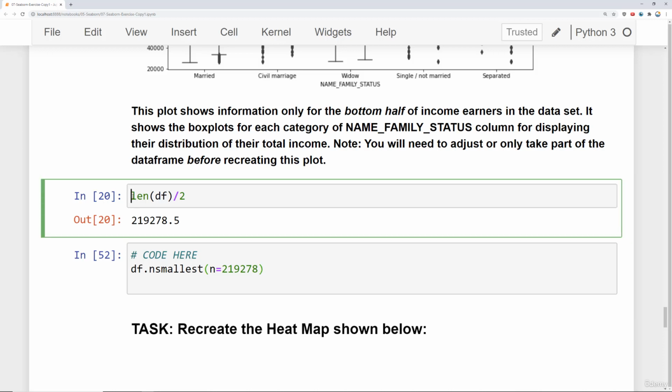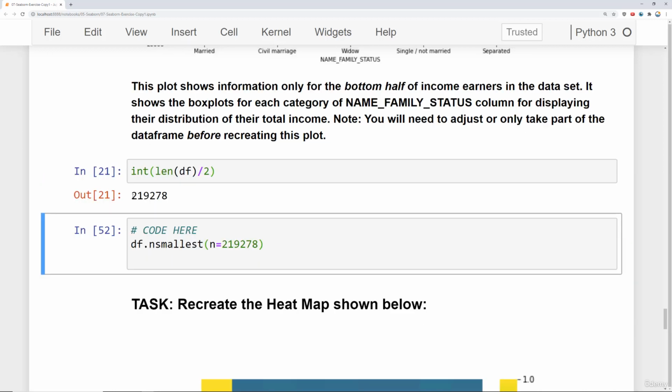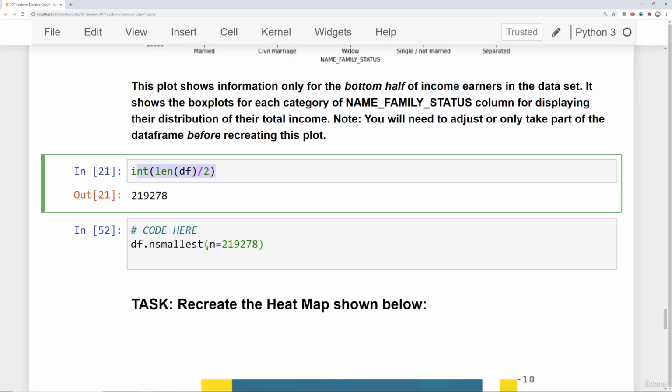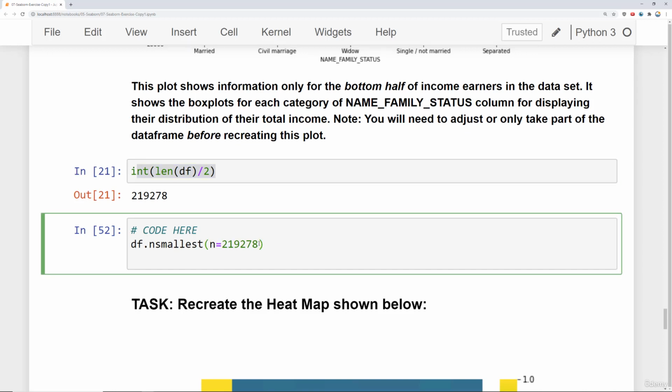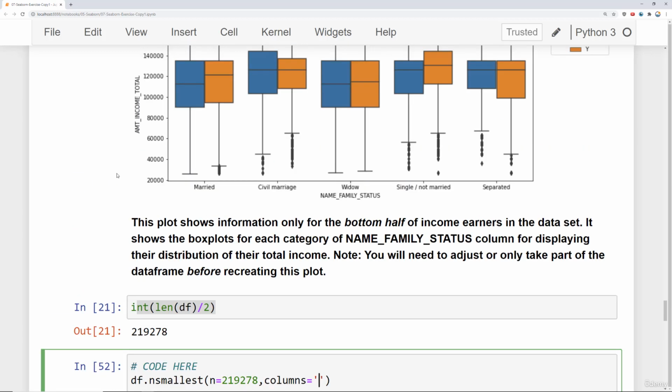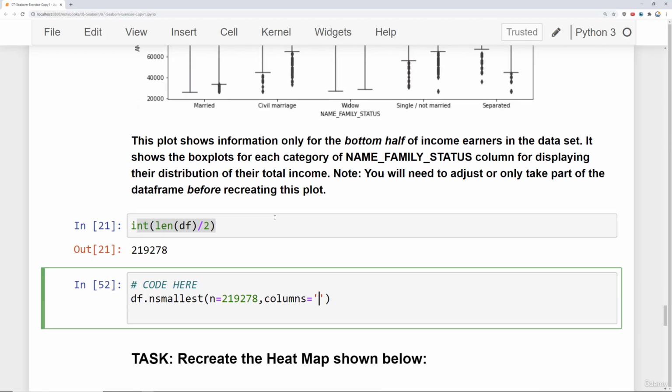And if you want, you could just say integer and then pass this in directly, formulaically, instead of just the raw number. And then what I want to do here is say columns is equal to, and in this case, I'm interested in amount, income, total. And so what this is doing exactly is saying, grab me half of the data frame for the people with the smallest amount, income, total. So this is essentially the bottom half if you sorted by amount, income, total, which is another way you could have done this.